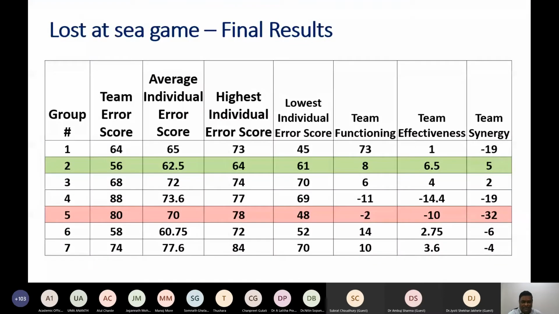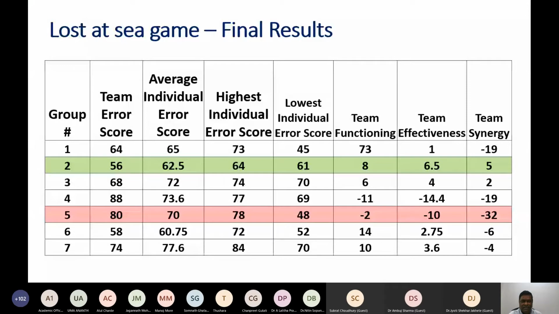Here, this particular score I got from my last class, the first term course, a very recent one. Each group had to calculate these scores. Team error score, as I explained to you. Then average individual error score: each individual in the group's error score divided by the total number of people in a group, say 5 or 6 or 7. Then in that group, who got the highest individual error score?